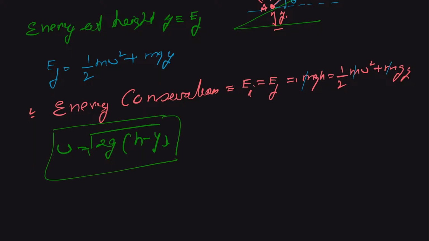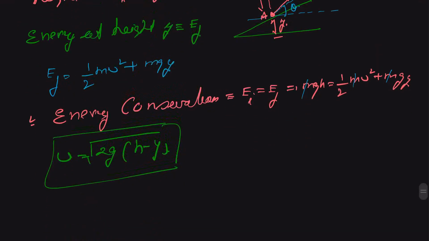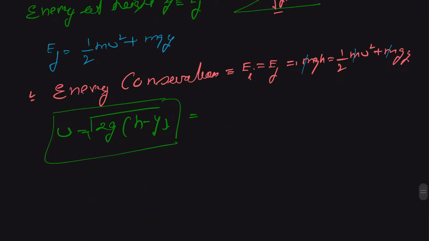So indirectly this is nothing but our velocity of projection at point A. Okay, so now this question is the same as the first one.